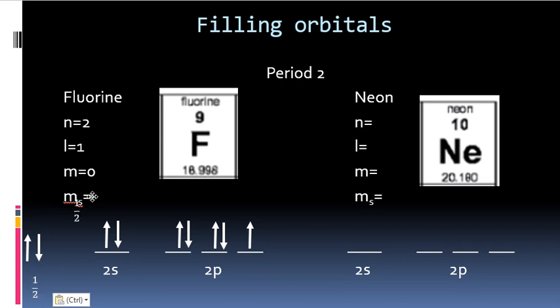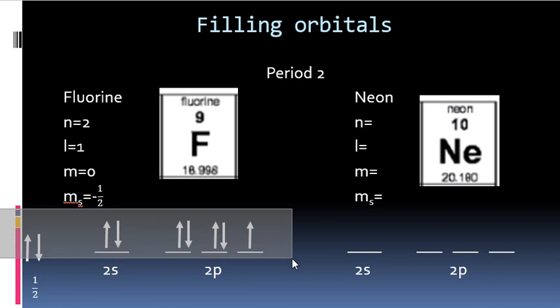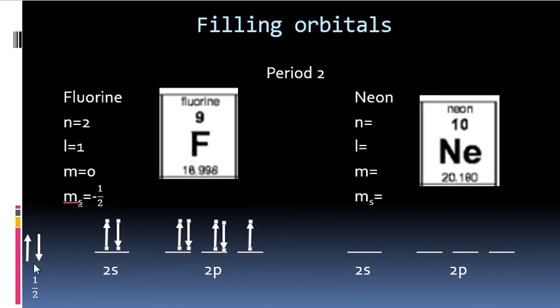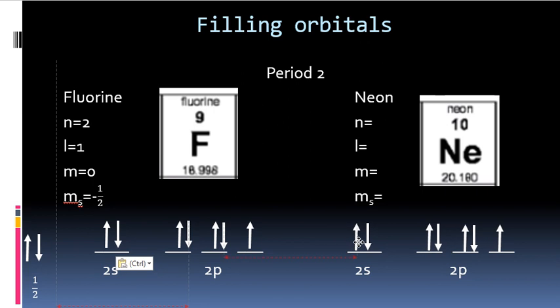Neon, we have now finally reached a noble gas, and we are going to essentially use its 8 valence electrons to fill the 2s and 2p subshell. So, just to kind of cheat a bit, let's say we basically filled up all the electrons just like we did with fluorine.